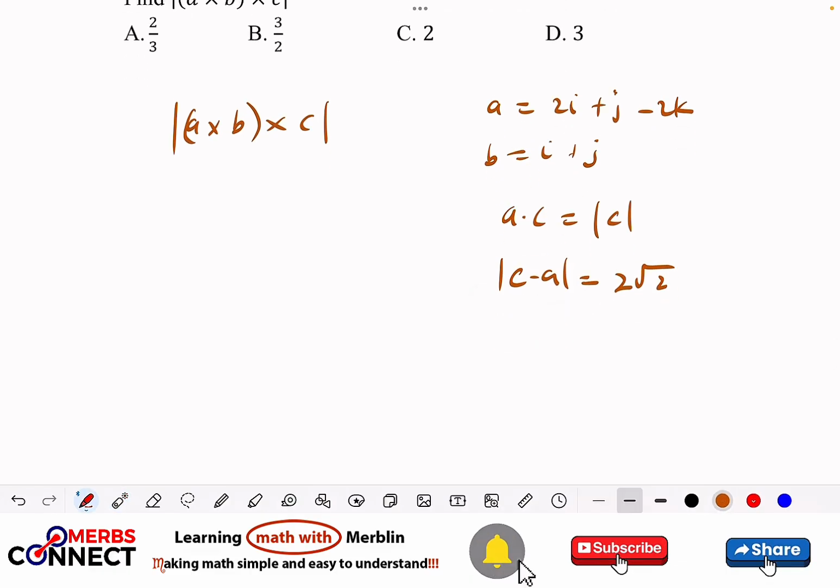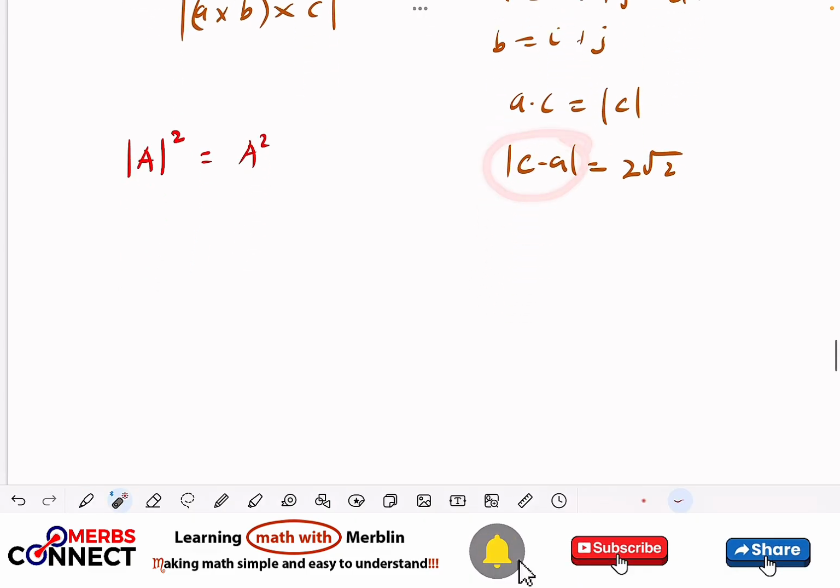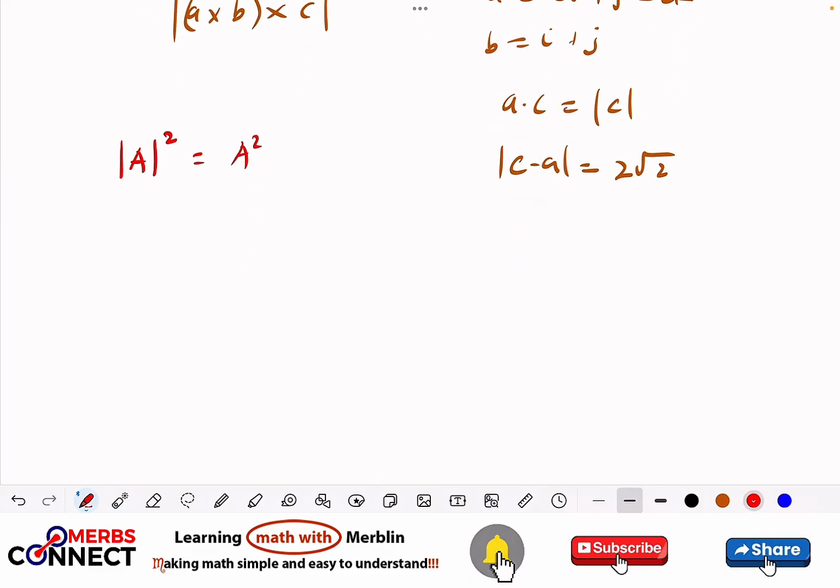Now we know this property that says that the absolute of A squared is the same as A squared. So what I'm going to do is square this. I'm going to have the absolute of A minus C squared, and this is the same as C minus A squared.